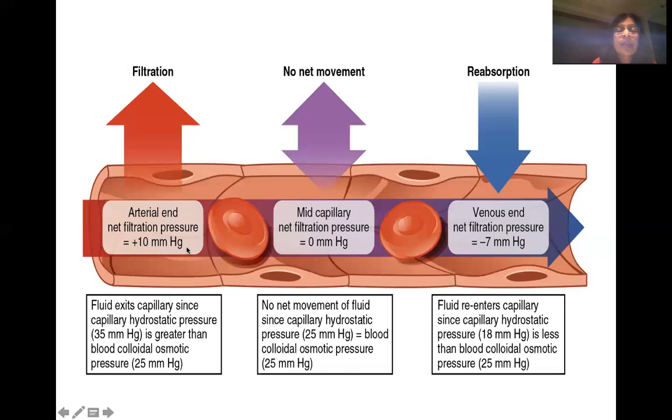Assume that there is a patient with untreated hypertension. Then the blood pressure is probably going to be greater than 35 millimeter mercury at the arterial end. What would happen then? More fluid escapes in the form of filtration. The difference between osmotic pressure and blood pressure would become greater, so more fluid escapes.